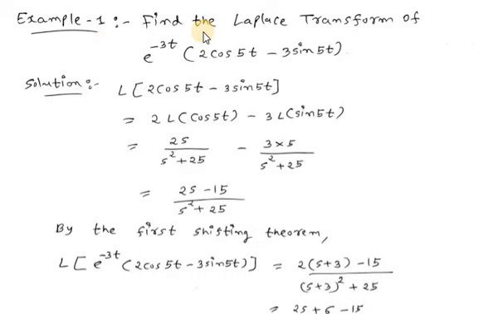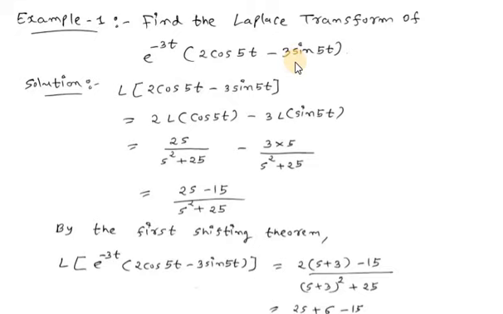Example number 1. Find the Laplace transform of the function e raised to minus 3t into bracket 2 cos 5t minus 3 sin 5t. Whenever you find e raised to at or e raised to minus at multiplied by some function of t, then you have to apply FST, that is the first shifting theorem.